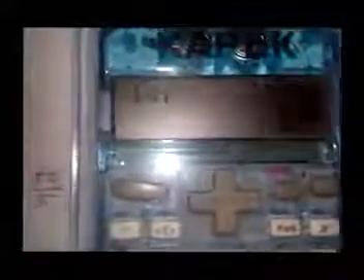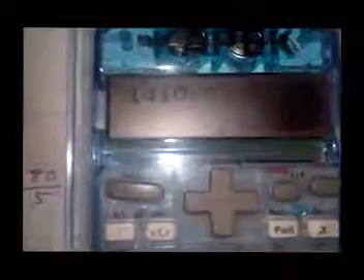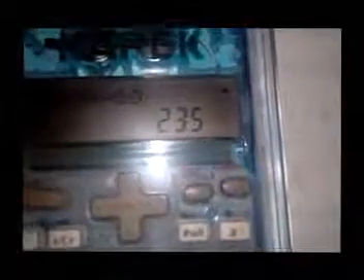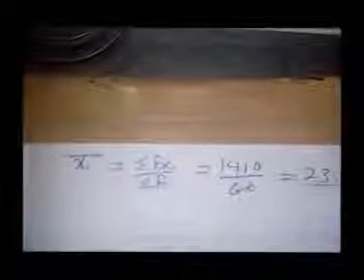Let's do the division together. 1410 divided by 60 gives us 23.5. So this is our mean.